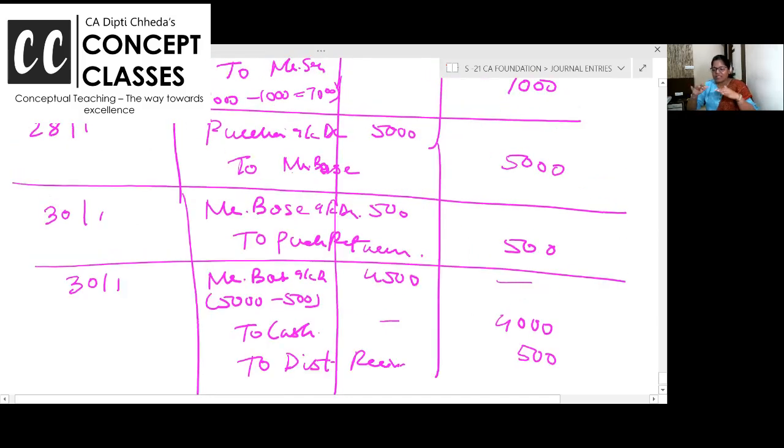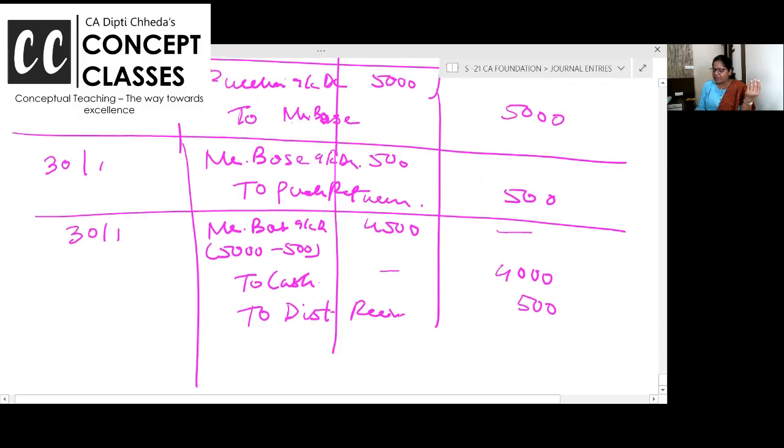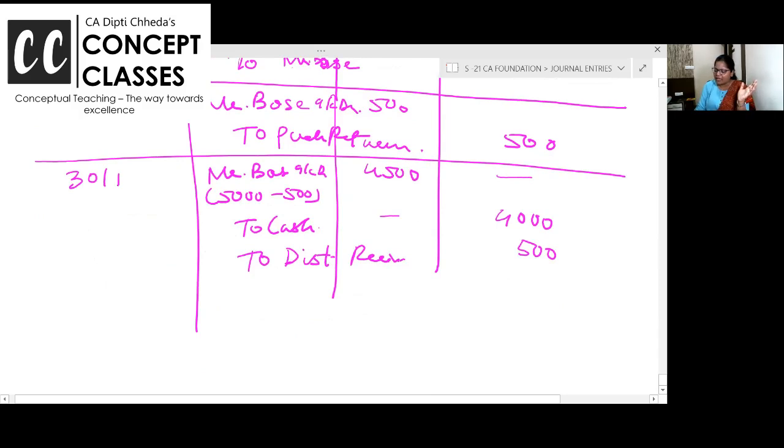See, Bose's account is settled. 5,000 credit, 500 debit, 4,500 debit. And cash we have paid 4,000. So 500 is the discount we have received. Okay? Discount received is our income.